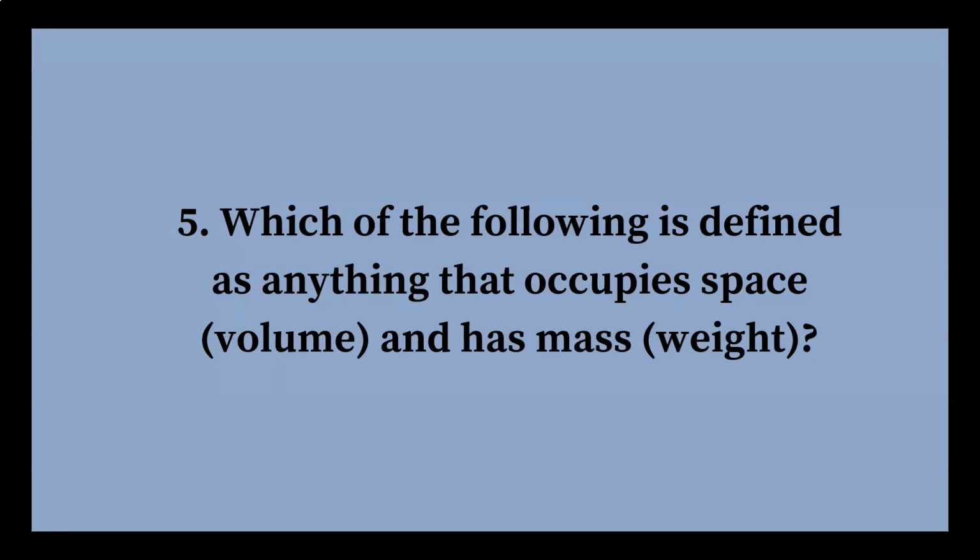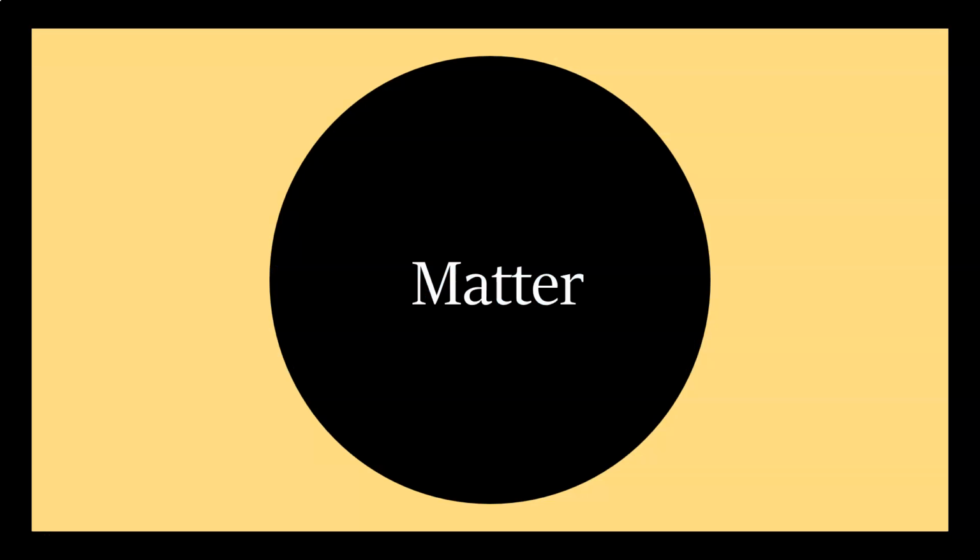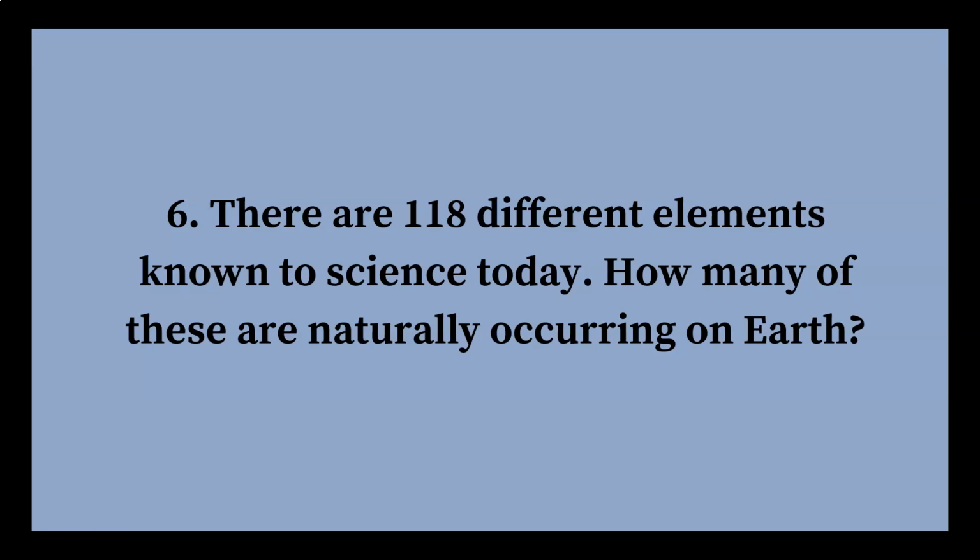Which of the following is defined as anything that occupies space, volume, and has mass, weight? There are 118 different elements known to science today.